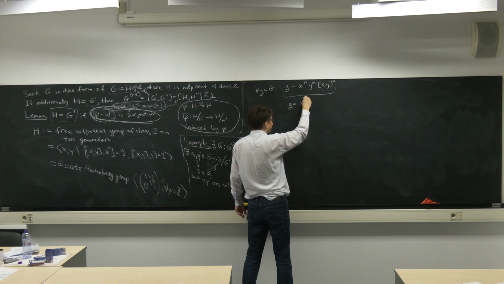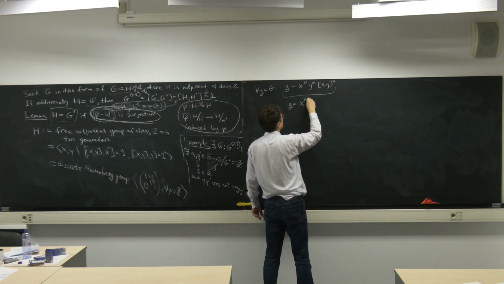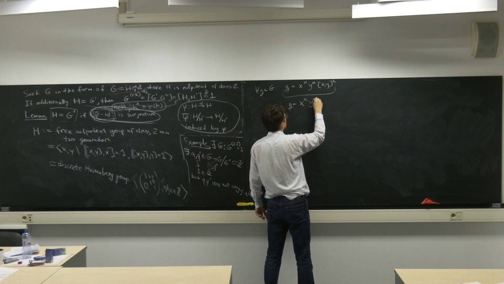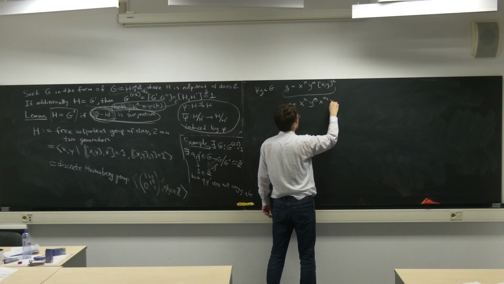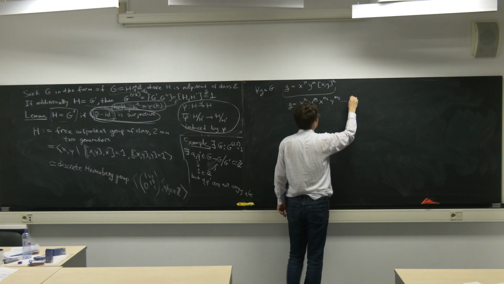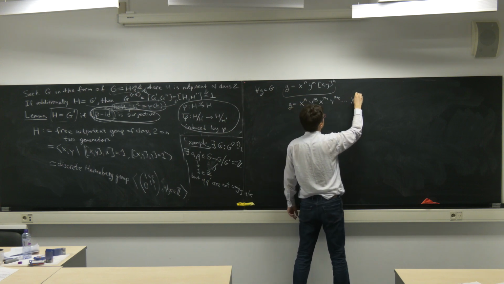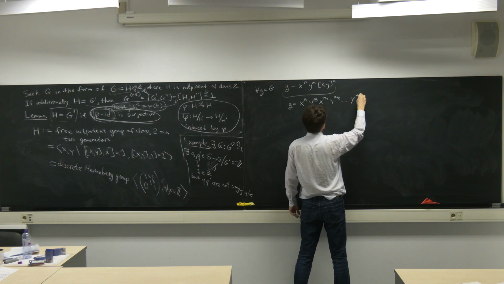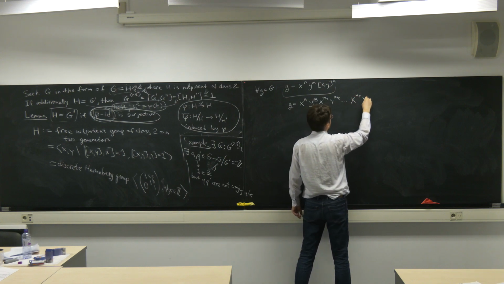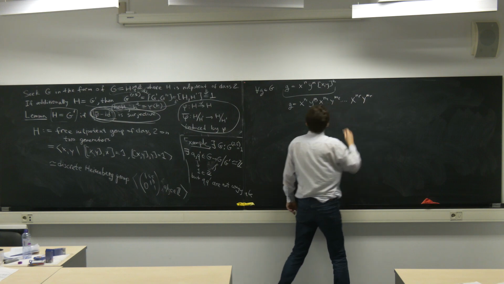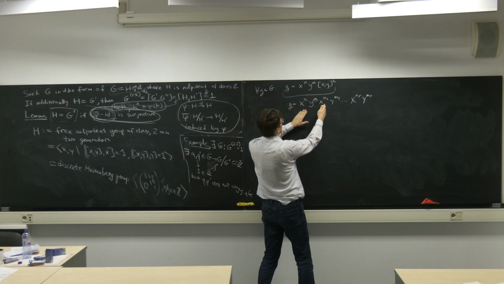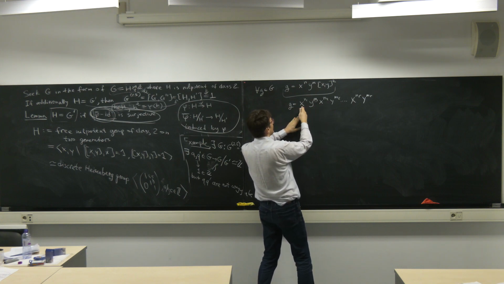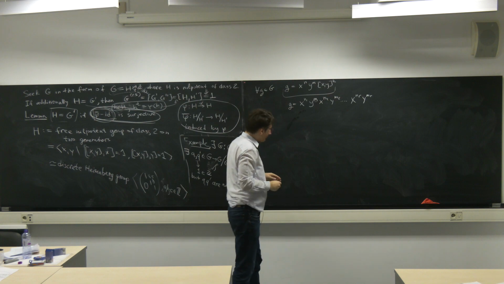So it is of the form x to n1, y to m1, x to n2, y to m2, and so on up until some point, x to nr, y to mr. And then you want to bring all x's to the left.